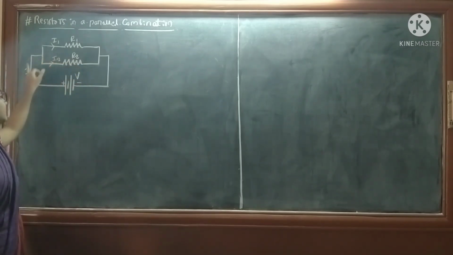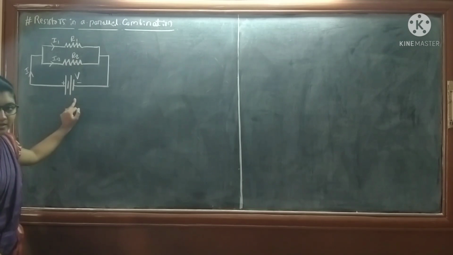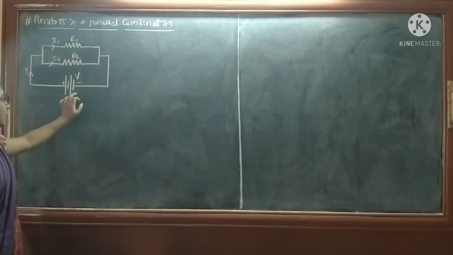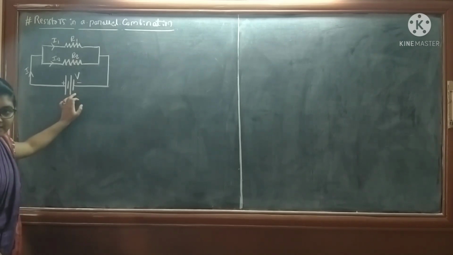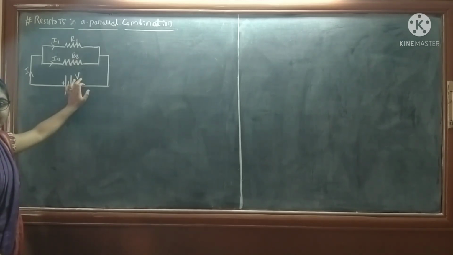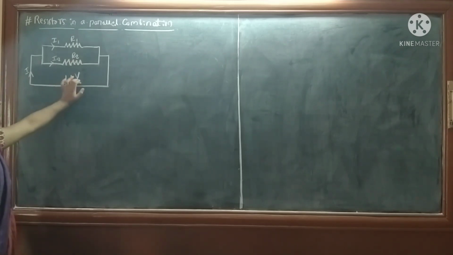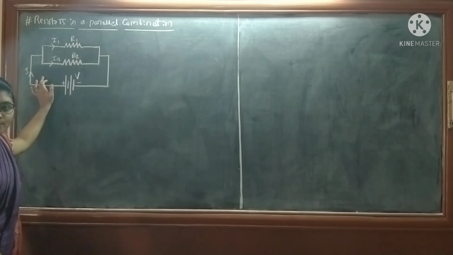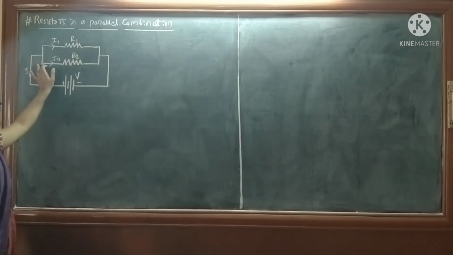And this I connected to the battery, right? So why do we connect a battery? To give the energy, so we are giving a potential difference, that is V, right? So V is present, R is present, then who is remaining? According to our Ohm's law, I remains, the current that is flowing through the circuit, correct?